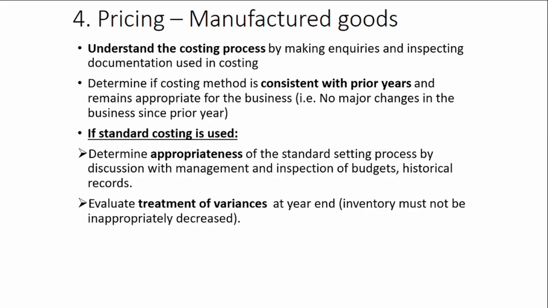So what type of costing structure is our client using? Now, we've got a few, but the ones that are popular and often get tested are job costing and standard costing, right? There is process costing, it can be tested sometimes, but the ones that often get tested are either job costing or standard costing.